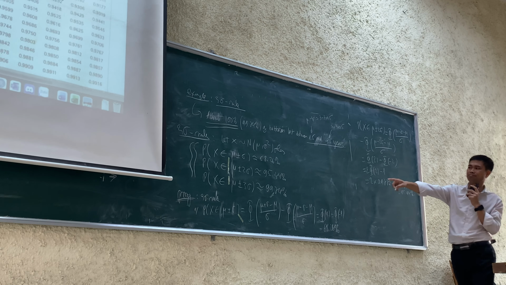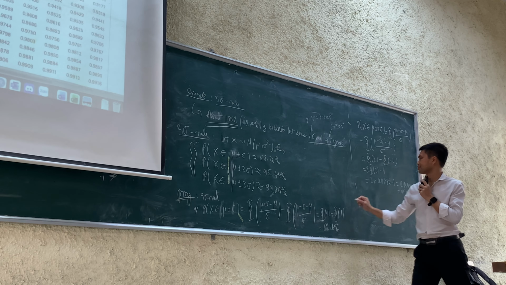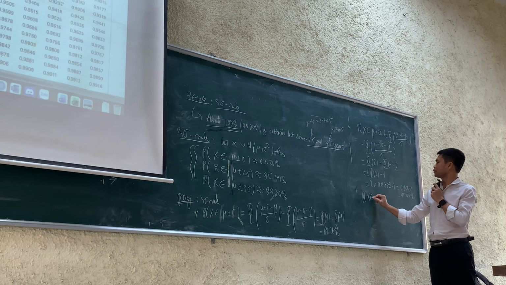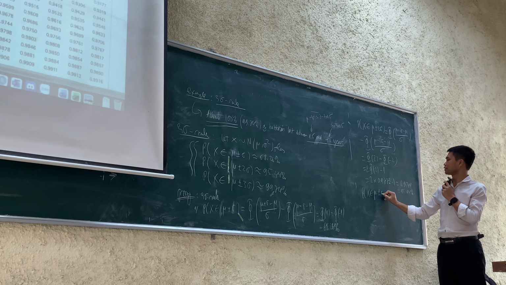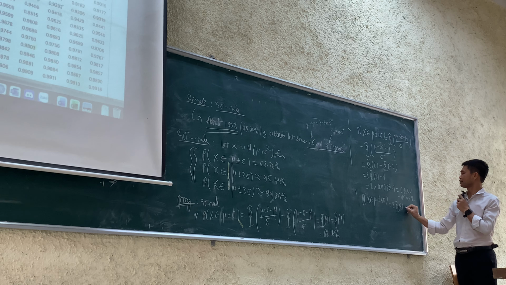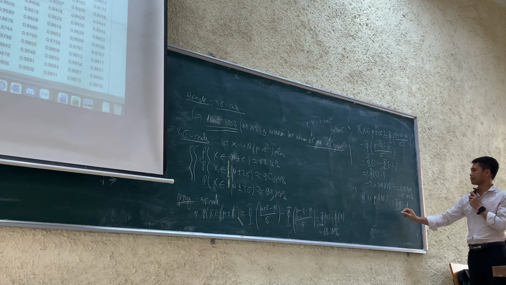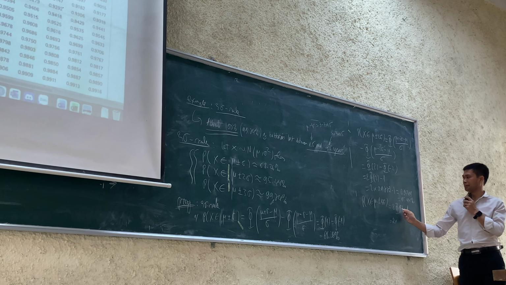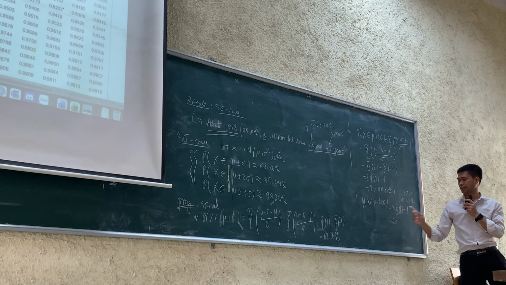And the last one. P(X between mu plus or minus 3 sigma) is 2 phi 3 minus 1. Similarly, we replace the 2 by 3.